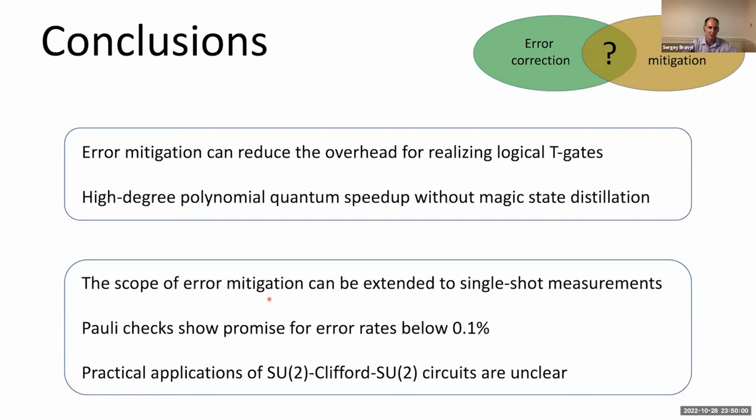And we are optimistic that these Pauli checks can be implemented on perhaps 50 qubits if we have CNOT gates with error rate 0.1% or better. But of course, it's not clear what would be practical applications of such circuits that are close to Clifford circuits.